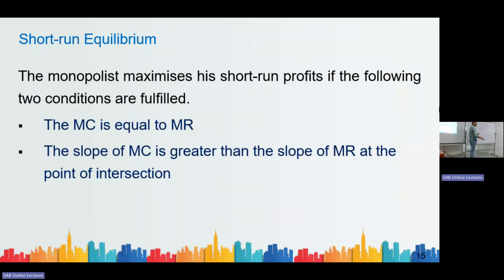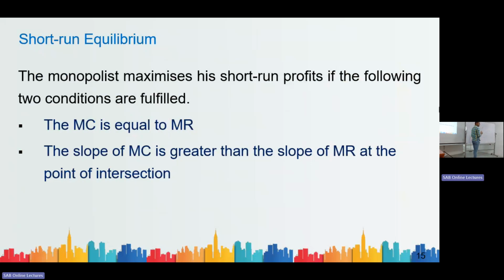It's downward sloping and it's twice as steep as the demand curve. And in perfect competition, the slope of marginal revenue was 0 because it's a horizontal line. What about the slope of the marginal revenue curve in a monopoly? It's downward sloping, so its slope is negative.